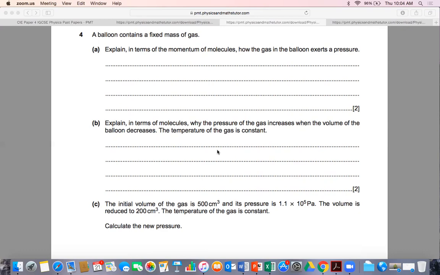I said it bounces off the walls of the balloon. Yes, but you must mention that there is a change of momentum during collision, because it says explain in terms of momentum. You have to mention momentum.